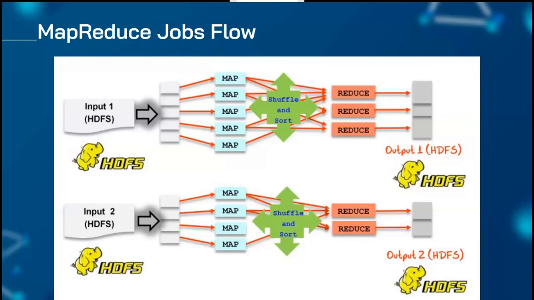So some features of MapReduce. First, simplicity. It's easy to run. Applications can be written in many languages such as Java, C++, and Python. Secondly, scalability. MapReduce can process petabytes of data. It can scale to a large dataset. Thirdly, speed.